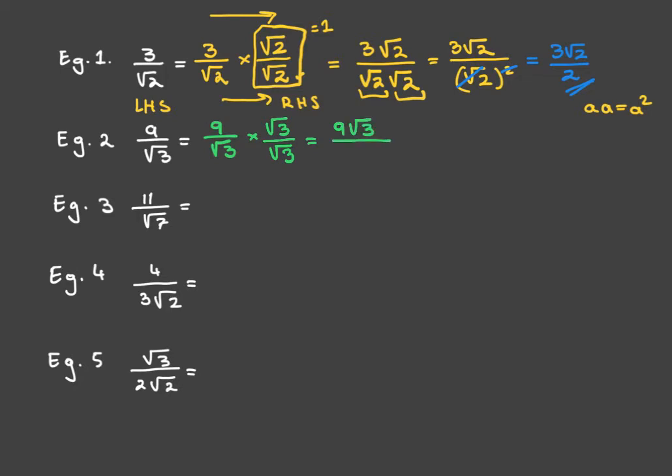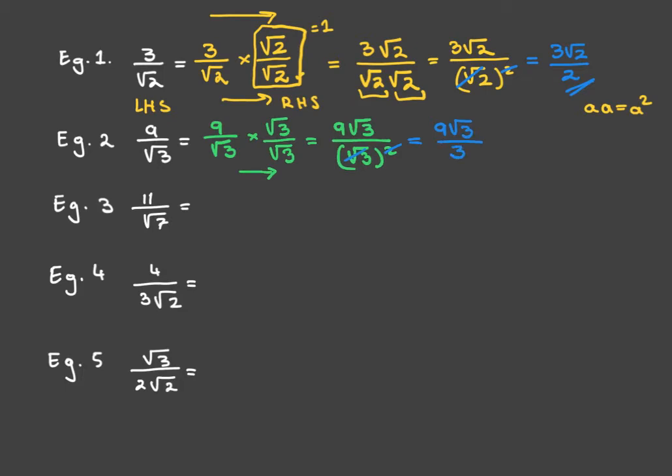Now, without doing too many steps, we can see that square root of 3 is multiplied by itself. So there are 2 lots of it. We can do it like this, and then we cancel out. We're going to end up with 9 times square root of 3 over 3.